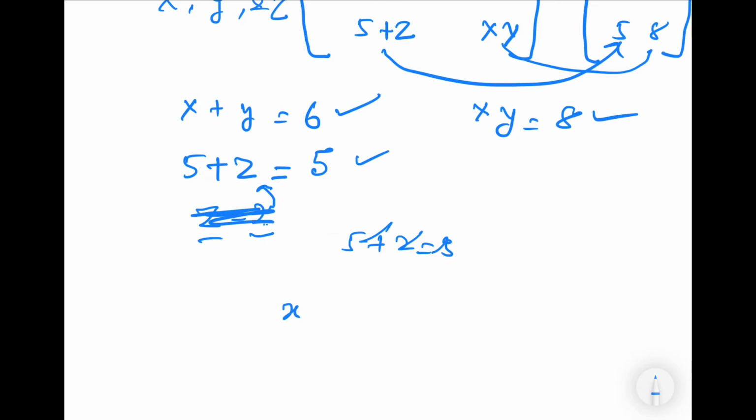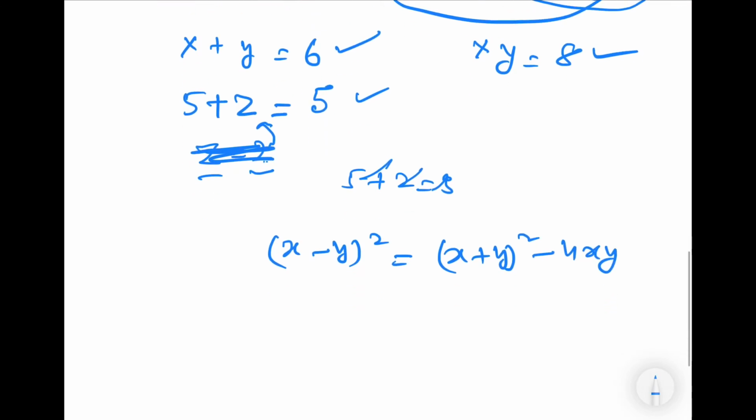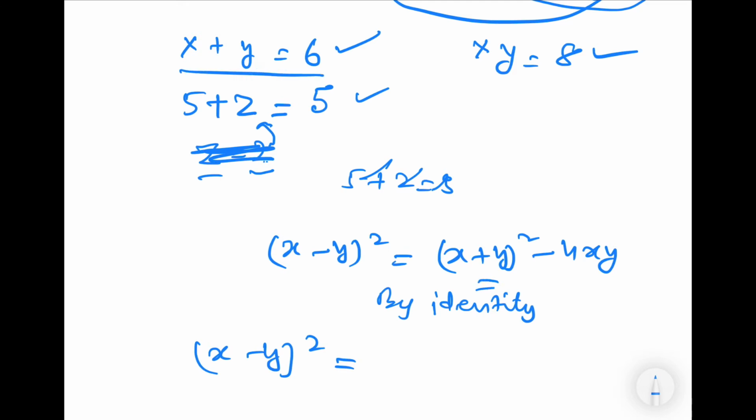See, x minus y whole square is equal to x plus y whole square minus 4xy. This is by identity. Now, x plus y is equal to 6, 6 square is equal to 36, minus 4xy, 4 into 8, xy is equal to 8.